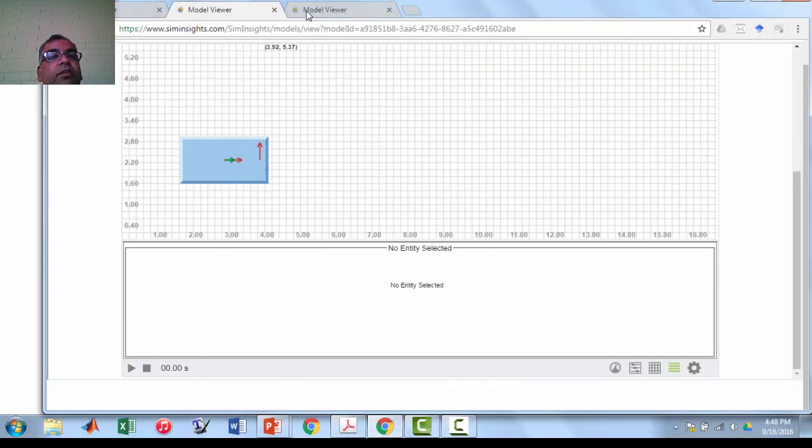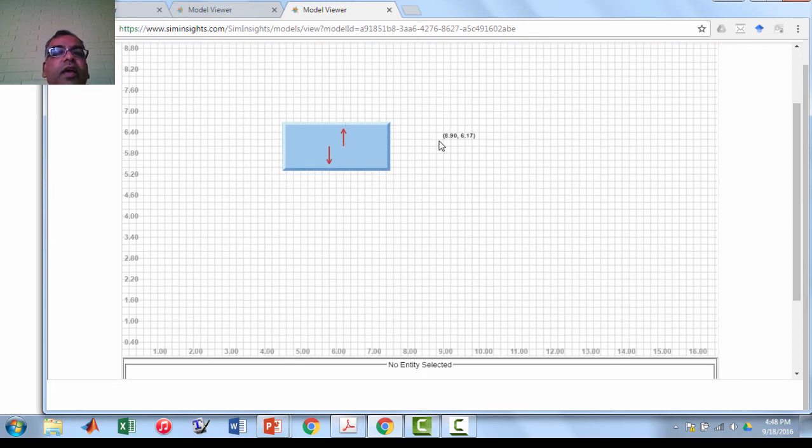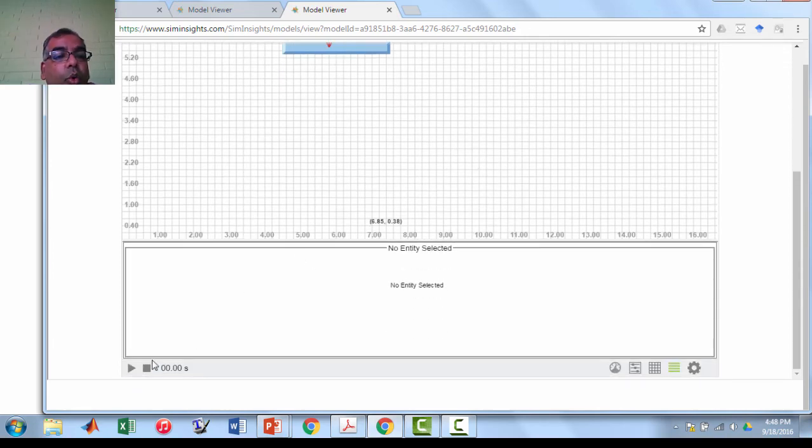So let's look at a situation. Now here, can you see I have two forces acting on this body. Is it obvious to you that the sum of the forces is zero because the forces are equal and opposite? So it will have no effect on the velocity of the body at all. But because they are not acting exactly at the center of mass, they still have effect on the rotational motion only.